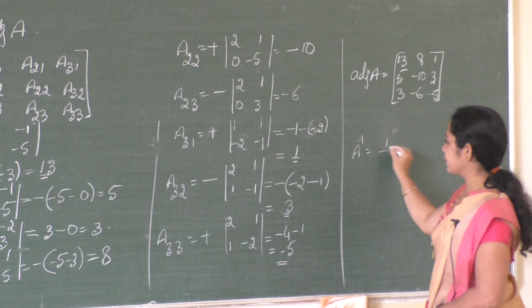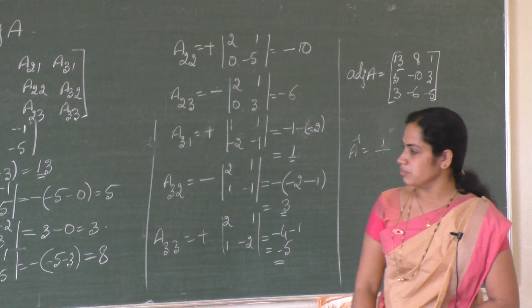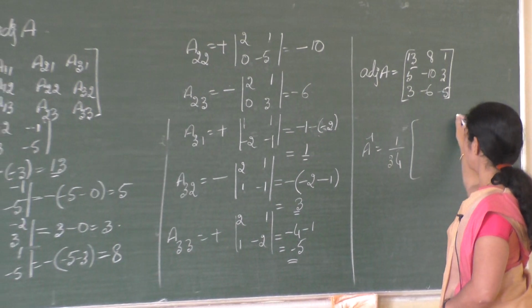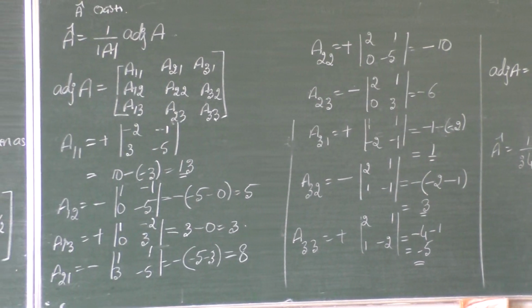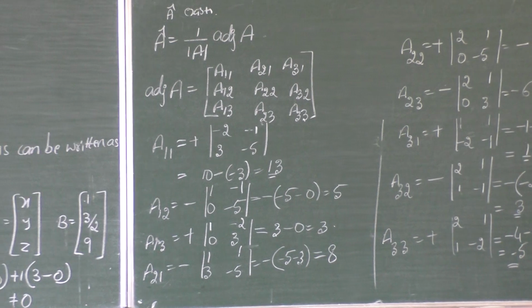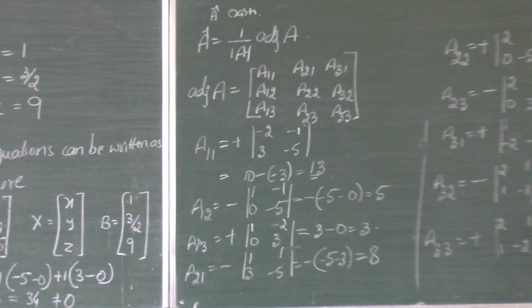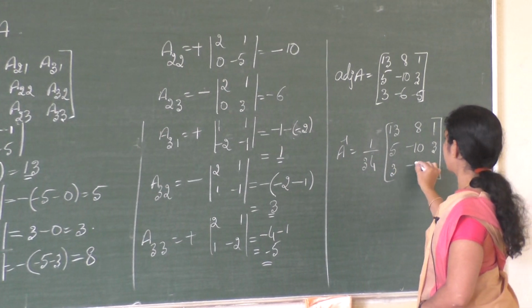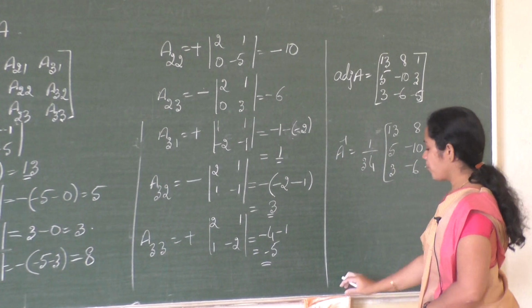Now A inverse equal to 1 by determinant of A into adjoint of A, that is 13, 8, 1, 5, minus 10, 3, 3, minus 6, minus 5.